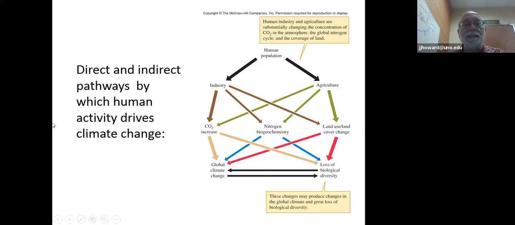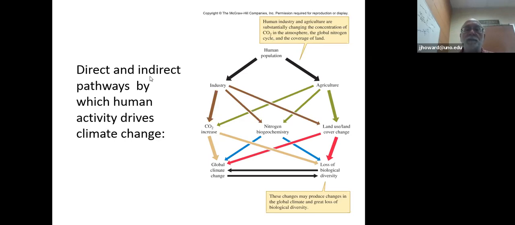So let's examine now some of the direct and indirect pathways in which human activities do alter conditions on Earth. First off, human populations produce industry and they have agriculture, and these two activities are the main ones that are driving directly or indirectly changes in climate, in nitrogen, and in land use, which are the things that we're going to now talk about.